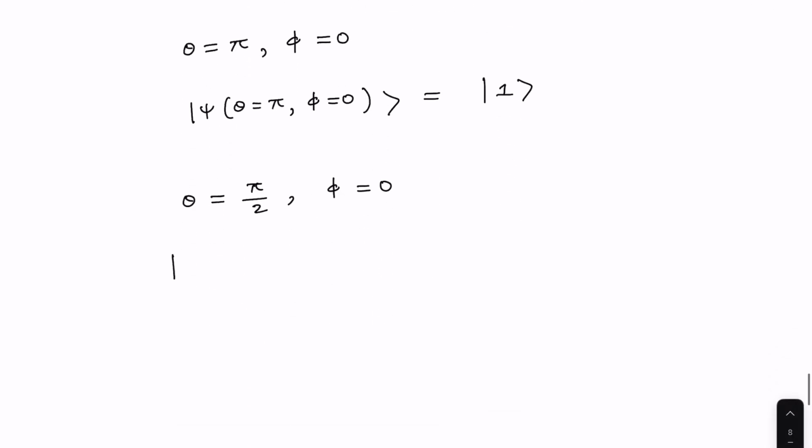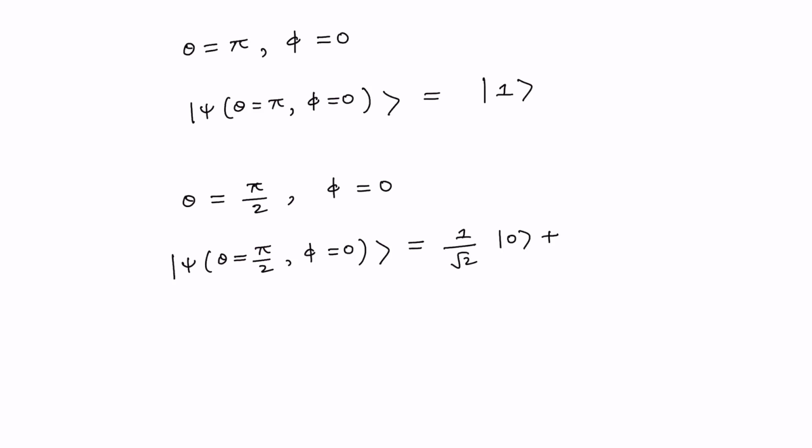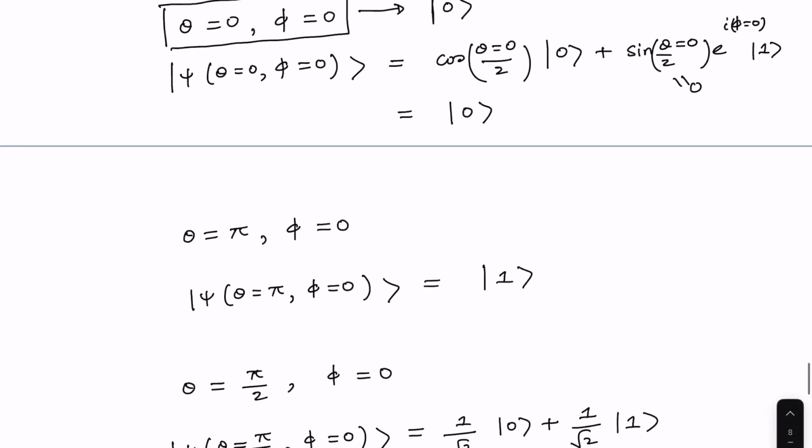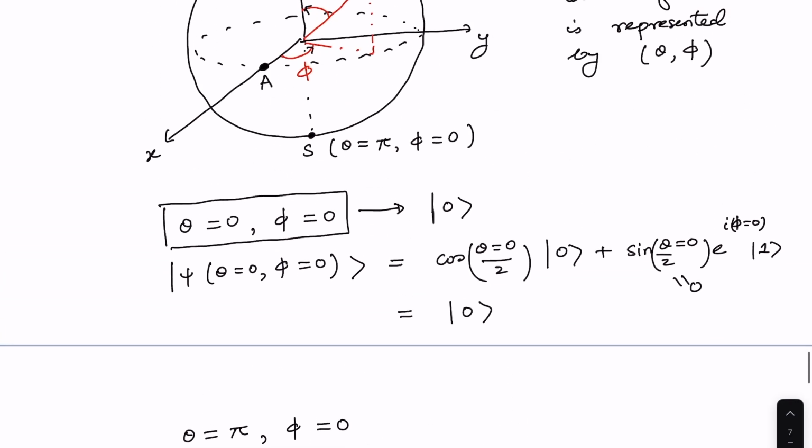In that case the two-level quantum state is simply 1 by root 2 k0 plus 1 by root 2 k1. You see, this is an equal superposition of k0 and k1. So this way you can represent many quantum states.